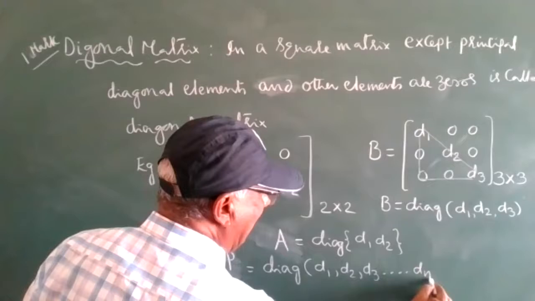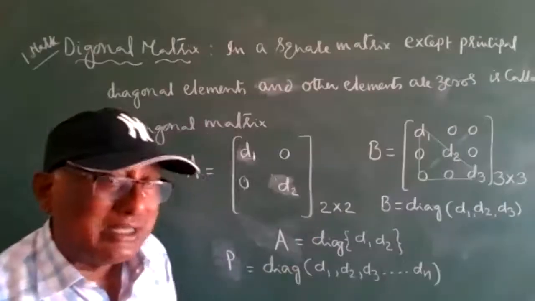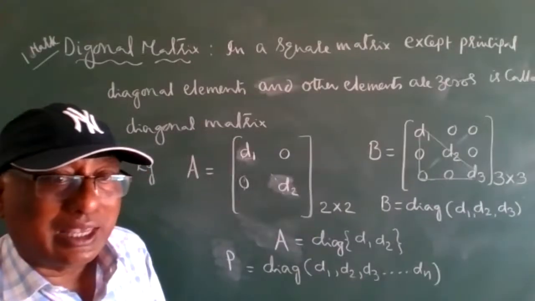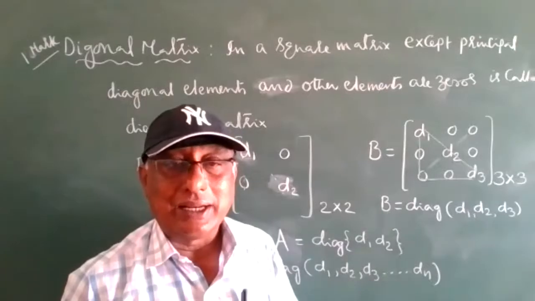A diagonal matrix means only the first element diagonal elements are not zero and all remaining elements are zero. If the diagonal elements are not equal, it is a diagonal matrix. If the diagonal elements are equal, then it is a scalar matrix.